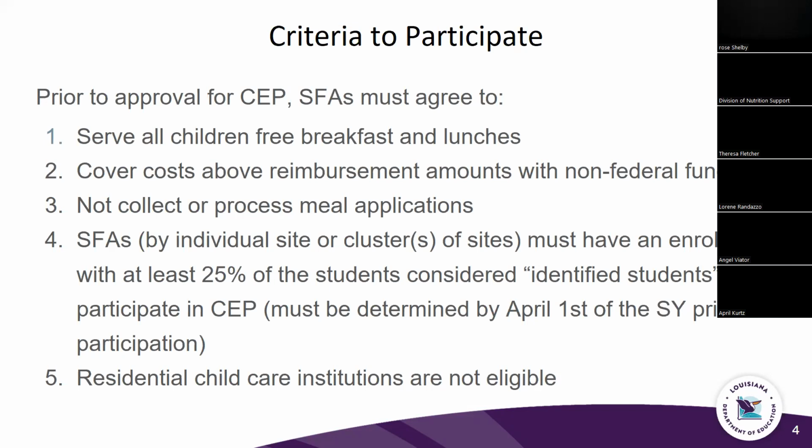For this year, that's April 1st, 2024 for the school year 24-25. That's when the information is locked in and only counts students up till that point. Number five, residential childcare institutions are not eligible.